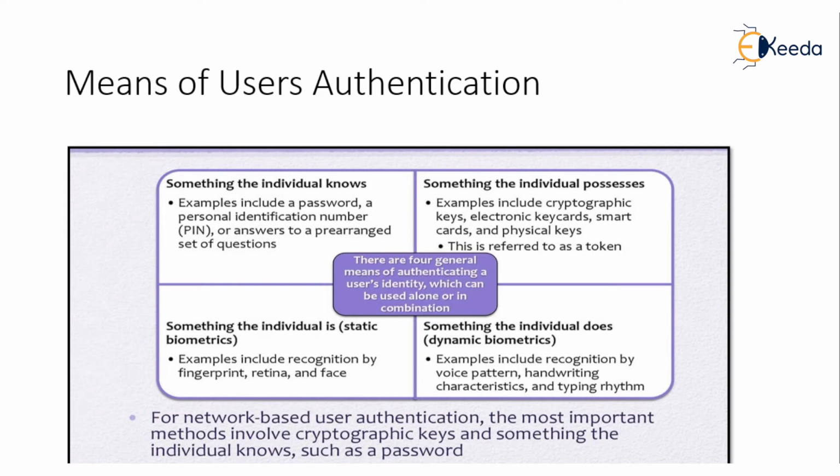something that the individual does, that is dynamic biometrics, which includes examples like recognition of voice pattern, handwriting characteristics, and typing rhythms. So we can easily provide the authenticity by analyzing the handwriting, or by recognizing the voice pattern which the individual speaks, or by the typing rhythms.